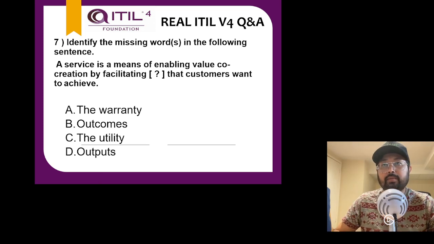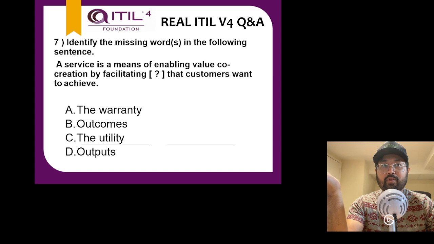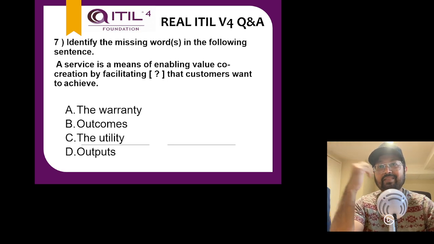Number 7, identify the missing words in the following sentence. A service is a means of enabling value co-creation by facilitating dash that customer want to achieve. This is a pure definition question, asking if you can recall the definition of service.